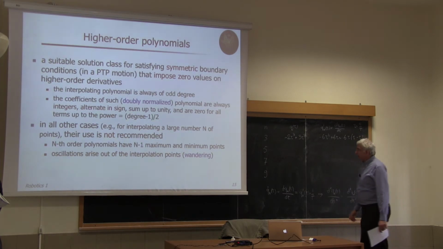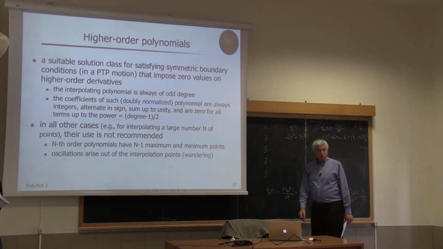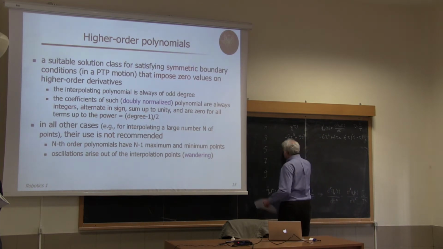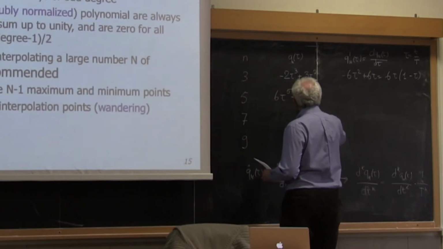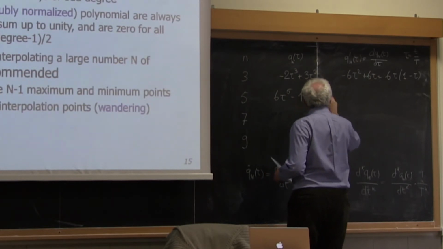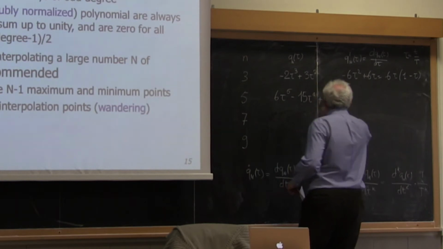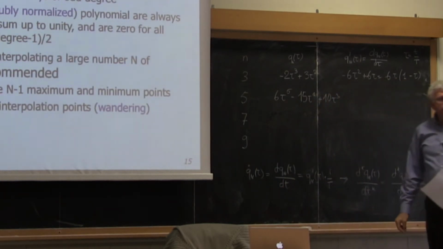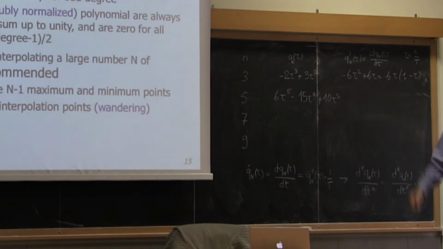Okay, and the resulting polynomial, we have written it before, but now I'm writing it again, is 6 tau to the fifth minus 15 tau to the fourth plus 10 tau to the third. Exactly what we found before.